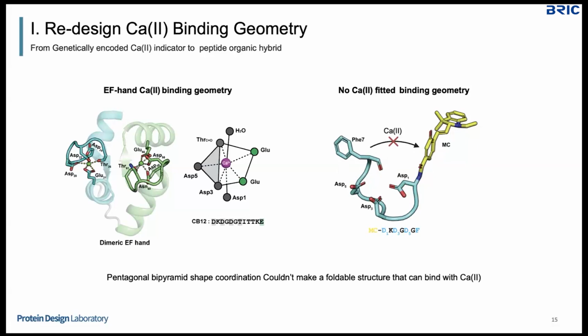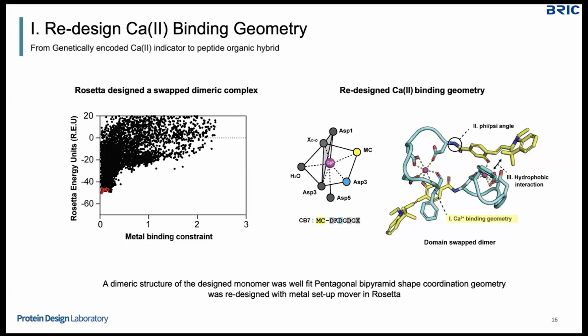So we introduced it to Rosetta, which is a design program for peptides. When we utilized it, we realized that Rosetta introduced a dimeric structure with a quite good energy that can be utilized for our design.